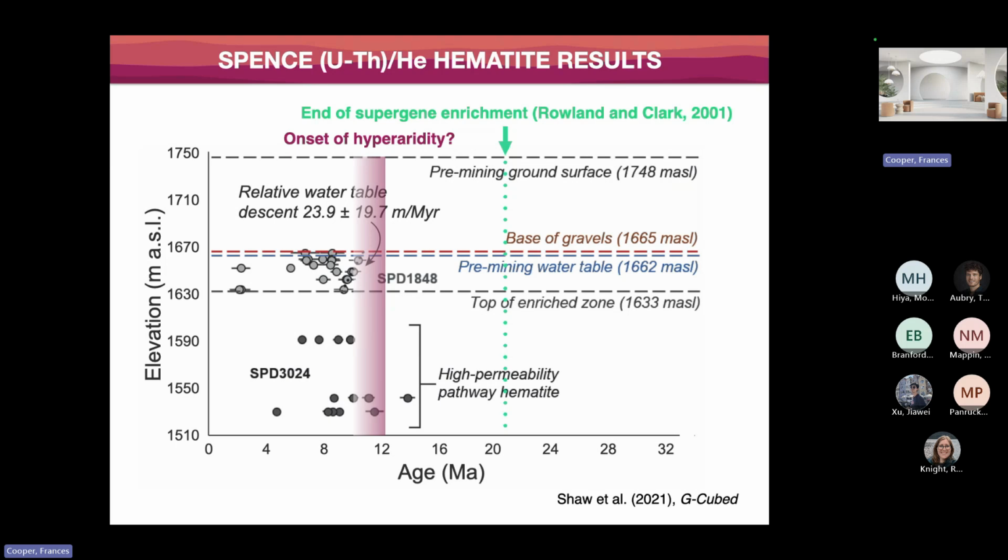And that shows that it is actually possible to have leaching, active leaching going on, or active hematite precipitation going on, even when you have a very arid climate. You can just about see, hopefully, there is actually a little bit of a trend there as well. It's a little bit hard to pick out, but we do see a slight younging trend through the data there in that smaller window.